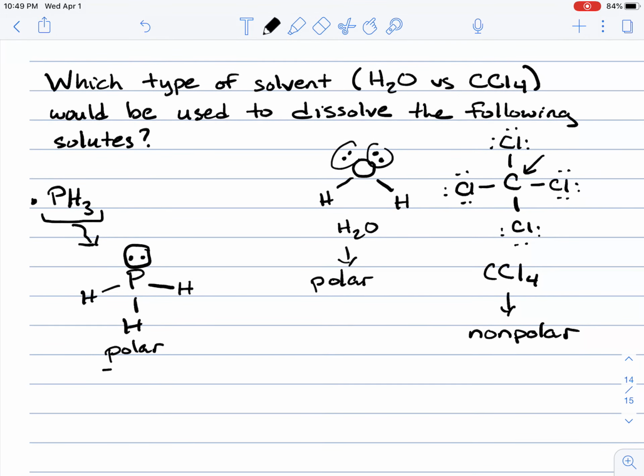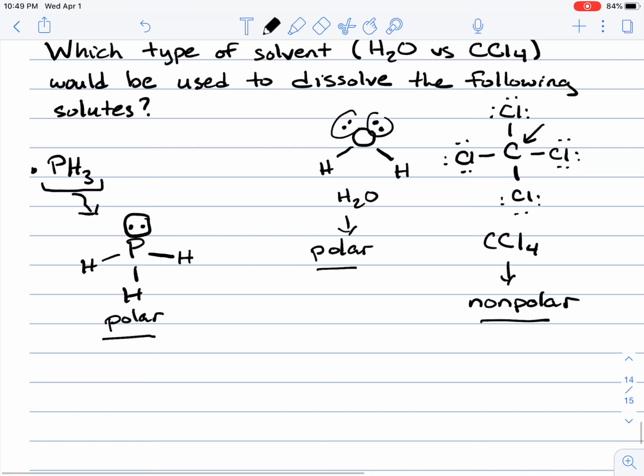So now that we've determined the polarity of this solute, and we've determined the polarity of the solvent, which of the two solvents do you think PH3 can be dissolved in to form a homogeneous mixture or homogeneous solution? And so if you had said water, then you're correct.